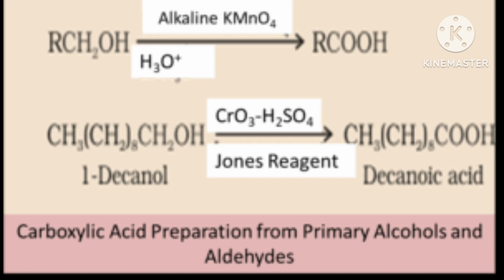Now the next reaction I am telling you, preparation from alkyl benzene. From alkyl benzene, aromatic carboxylic acids can be prepared by vigorous oxidation of alkyl benzenes with chromic acid or acidic or alkaline potassium permanganate.